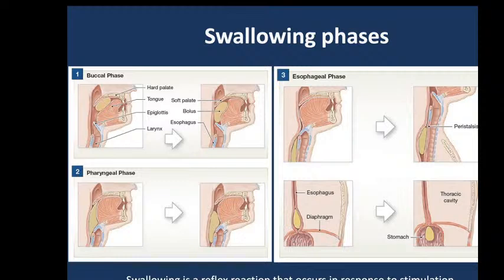And this picture demonstrates the swallowing phases, or swallowing process. It starts from the oral cavity, then the second phase we call the pharyngeal phase, and the last phase we call the esophageal phase. And usually it takes about 3, 4, sometimes 5 seconds.